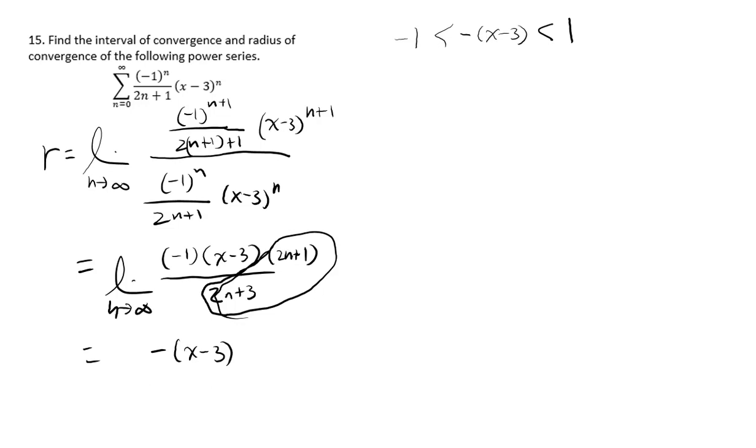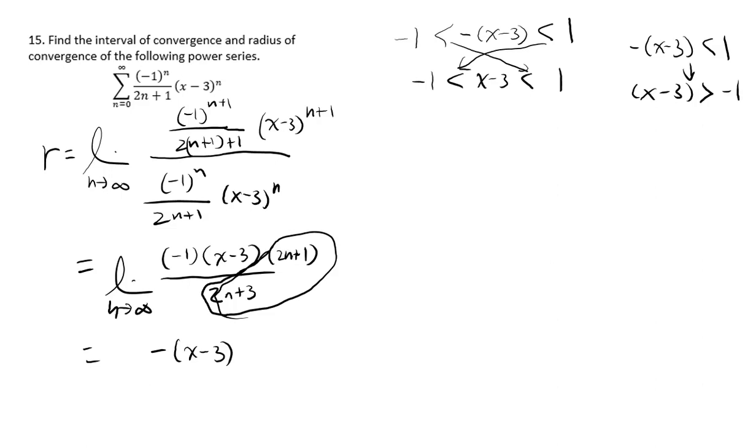Which means that if I multiply by negative, x minus 3 should be between still negative 1 and 1. Multiplying negative to 1 will give you negative 1, but the inequality will flip. Right, so what I'm trying to say is that negative x minus 3 less than 1, if you multiply by negative 1, gives you x minus 3 bigger than negative 1, which is the same as this part. And you write this and multiply by negative 1, you're going to get this.